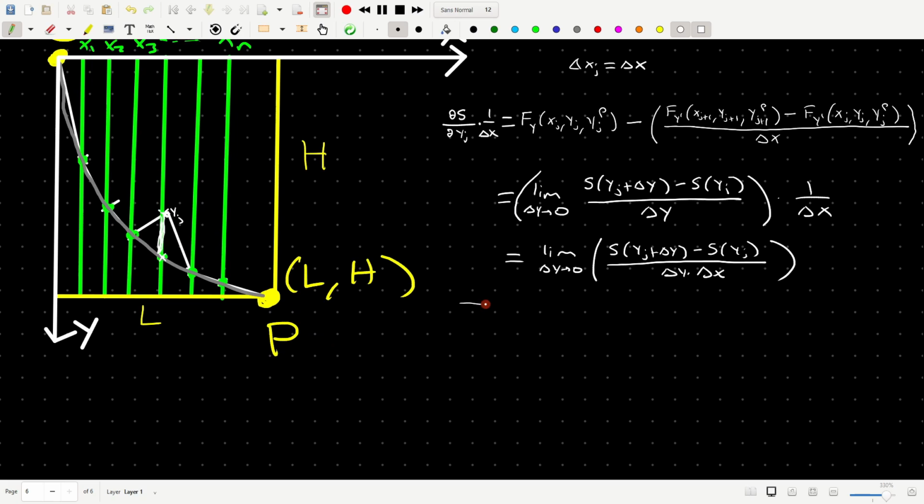And then we took this expression right here and we took the limit as n went to infinity, or as delta x went to 0, to get the expression from before.